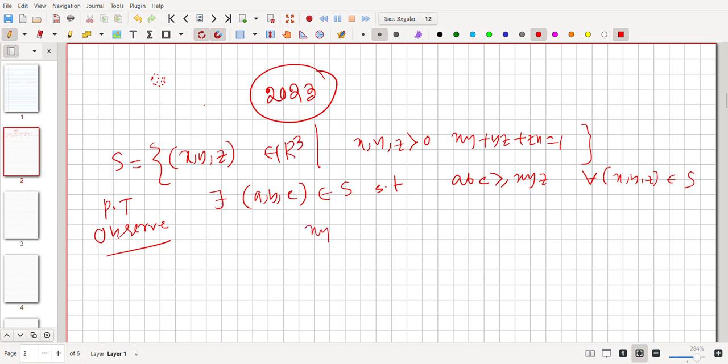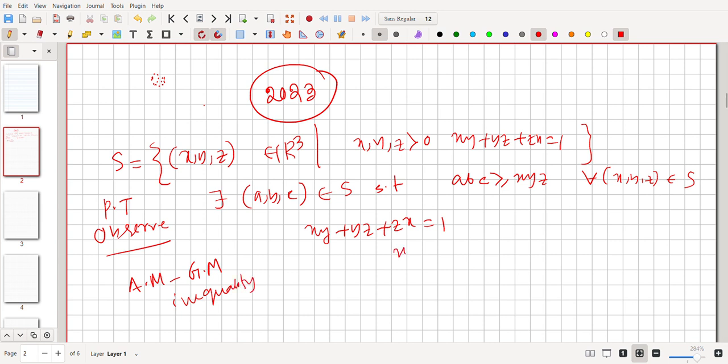we have xy + yz + zx = 1, and we have to do something with xyz. What is the first obvious choice? That is the AM-GM inequality, right? So apply that.